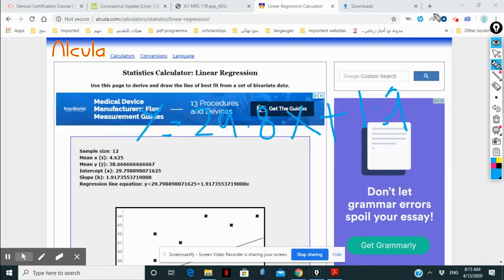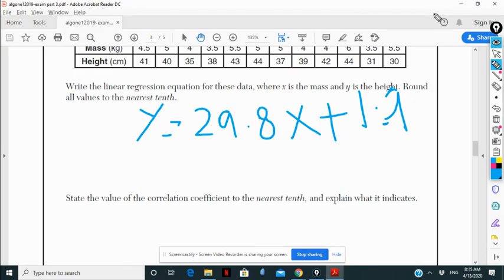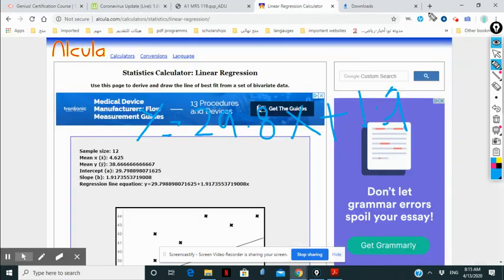Okay, so this is the equation for the linear regression. Hopefully it's correct because I used some data.